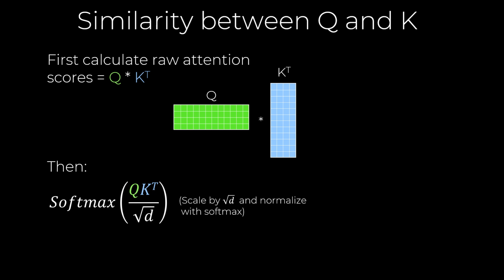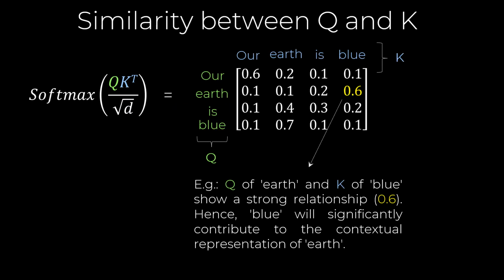This gives raw attention scores, which are scaled here by the square root of the dimension length 12 and normalized using the softmax function. This diagram helps visualize the attention scores. The softmax ensures that each row sums to 1, showing how much attention each word pays to others. For instance, Earth focuses significantly on blue, which provides key contextual information. These scores determine how much influence one word has on another.